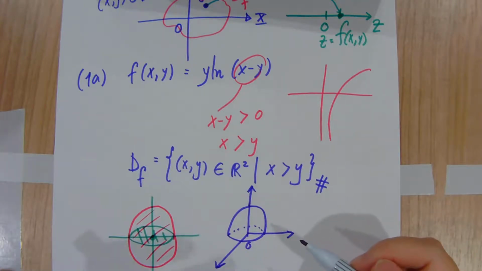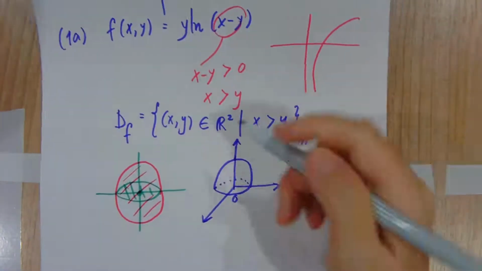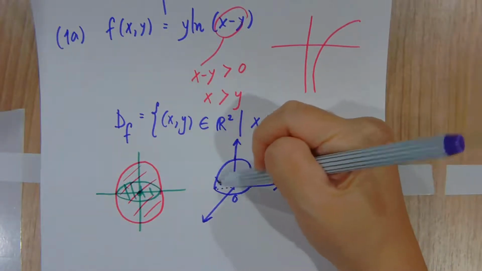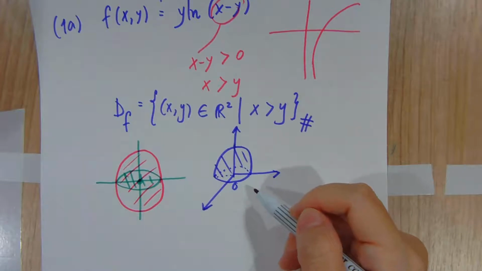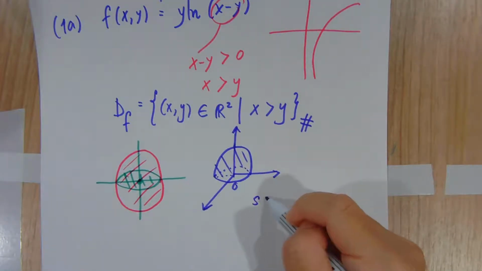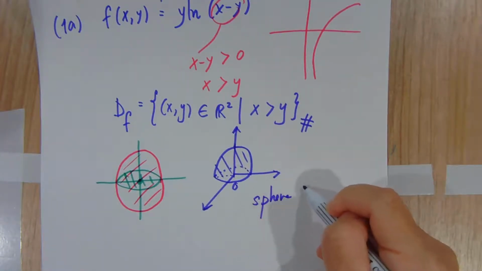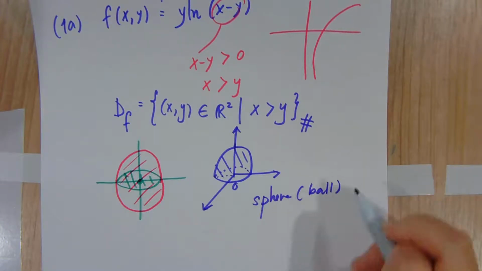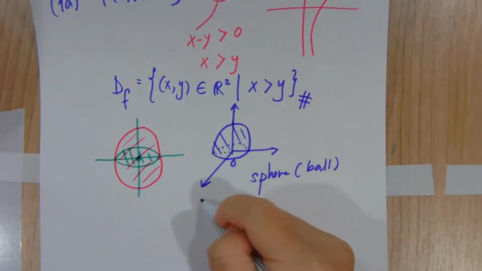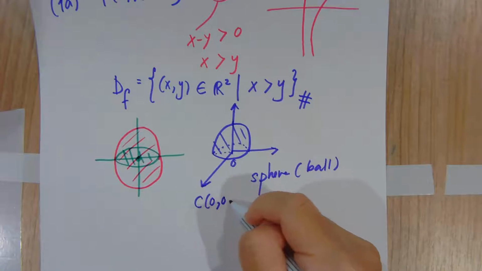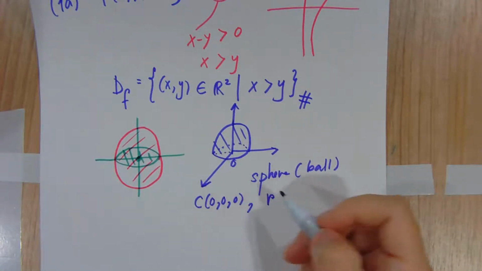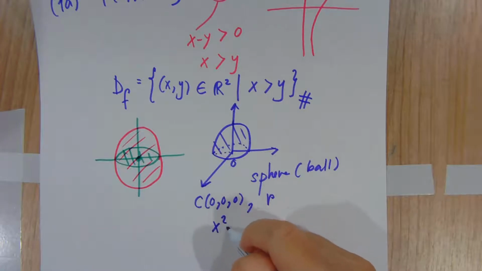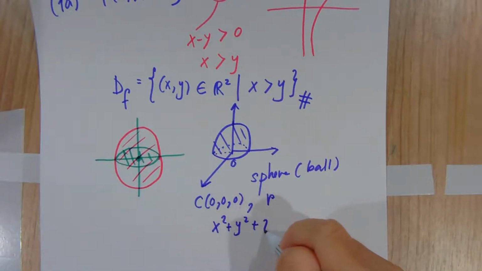So you know the equation of the sphere, or sometimes we can call it a ball, if the center point is at the origin point and the radius is r, so we got that.